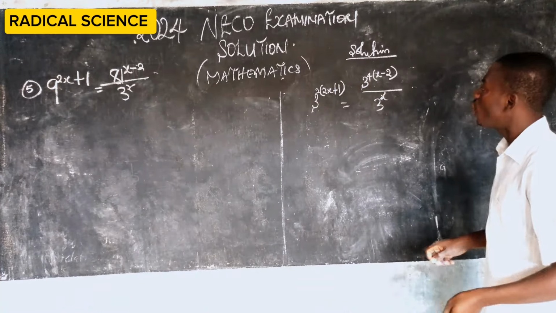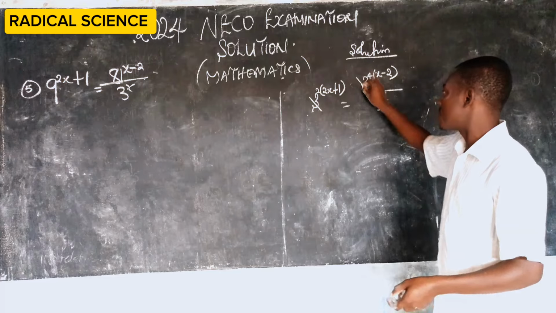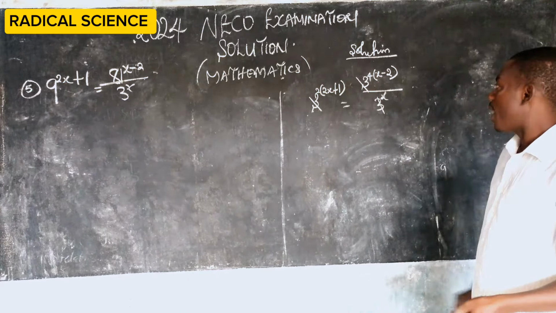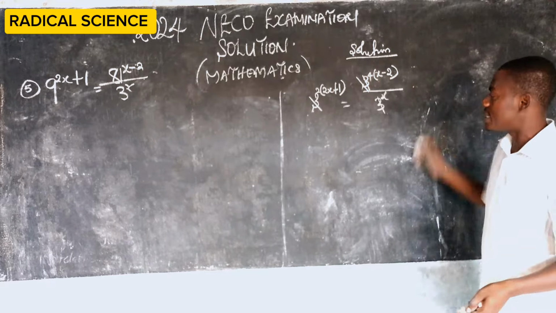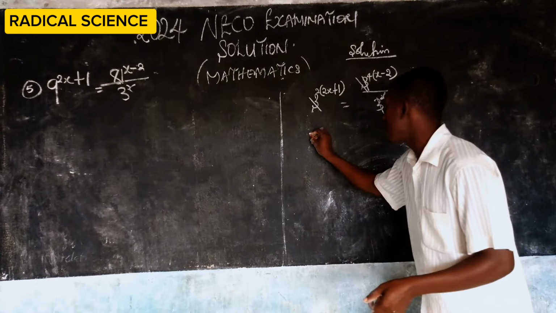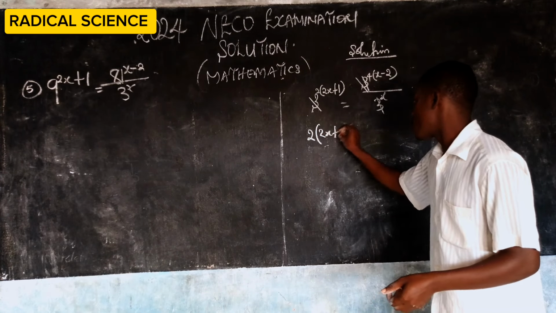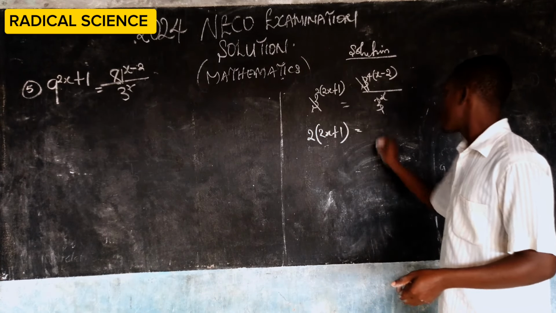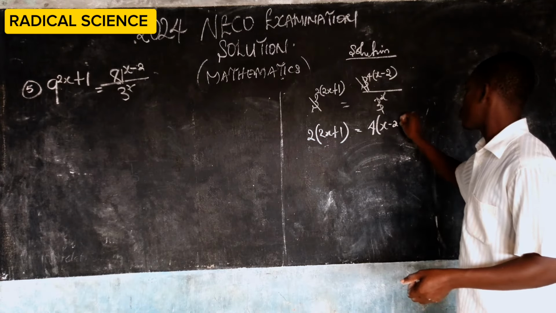Because all of them are in the same base, what I'm going to do is cancel all the bases. After cancelling the bases, I apply the law of indices. I will have 2 brackets 2x plus 1 is equal to 4 brackets x minus 2.